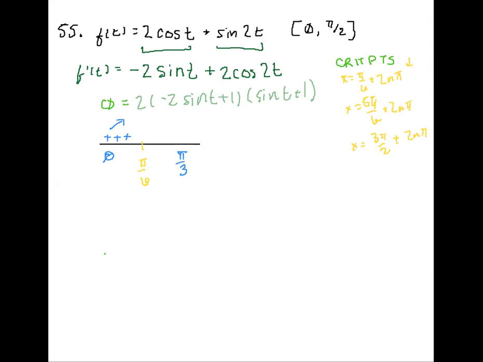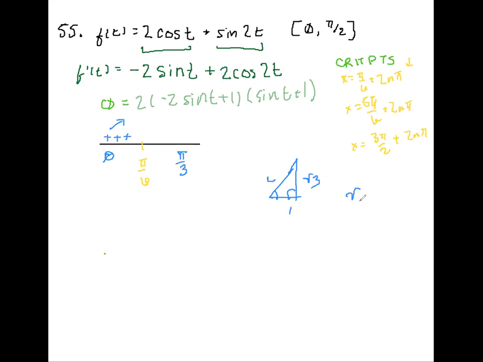And then sine of pi over 3 should also be positive. Oh. Sine of pi over 3 is, this is pi over 3 in a 30, 60, 90 triangle. So that is 2, root 3 and 1.